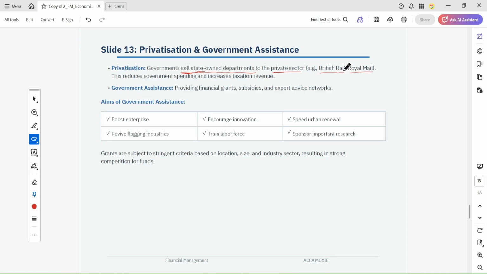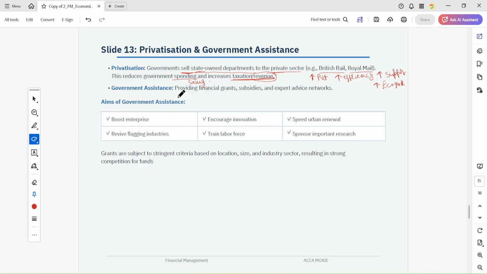These were government companies, but now they are sold to the private sector. This reduces government spending and increases tax revenue. When private companies increase, it means efficiency will increase. When efficiency increases, supply will increase, and when supply increases, economic growth will increase.